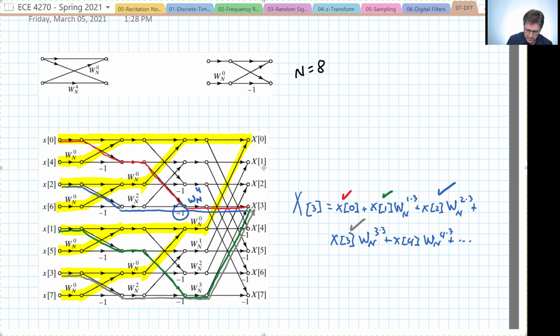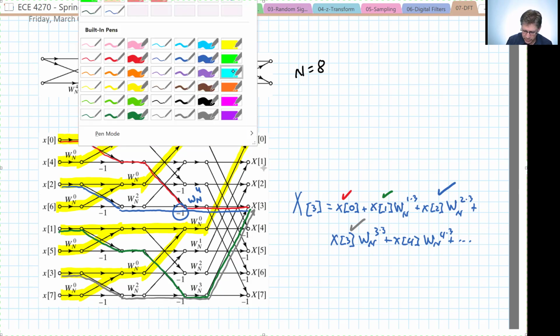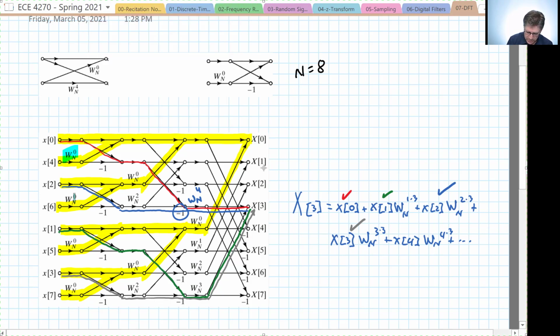Well, we have a lot of trivial ones in here. That's trivial, trivial, trivial, and so on and so forth. In this case, that's trivial, and that's trivial, as we saw before, because those are just j terms, negative j terms.